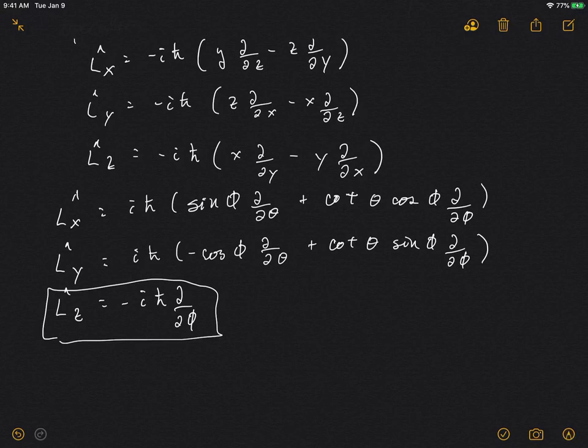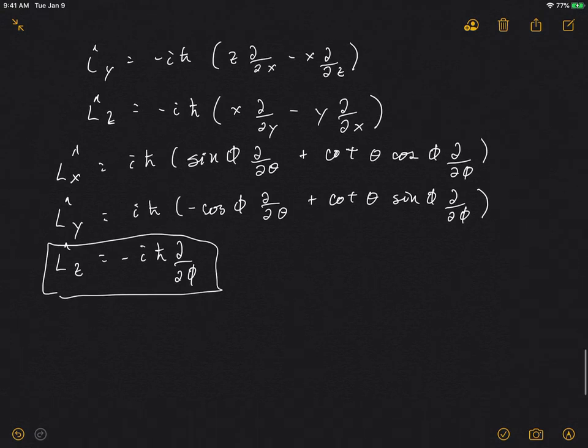So those are much messier, but this Lz, very simple. And we know that our YLMs have these e to the i phi type terms. So it turns out that some math simplifies very nicely.